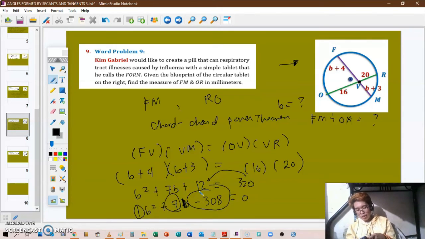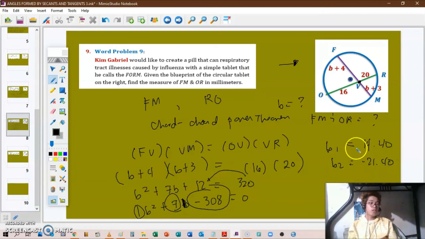Again, we can use our calculator to solve for this one. A is equal to 1, B is equal to 7, and C is equal to negative 308. So therefore the value of B sub 1 is equal to 14.40, and B sub 2 is equal to negative 21.40.